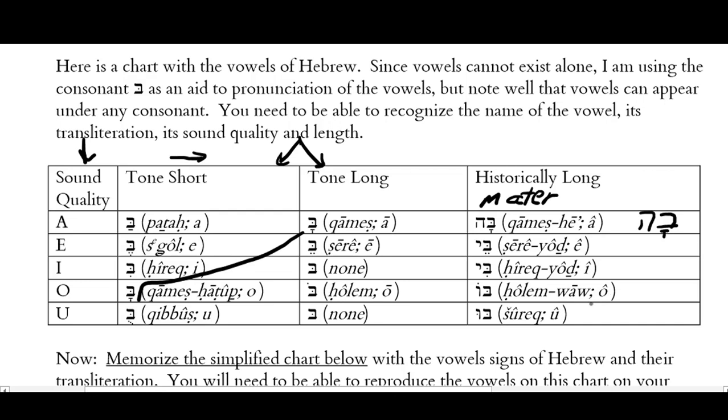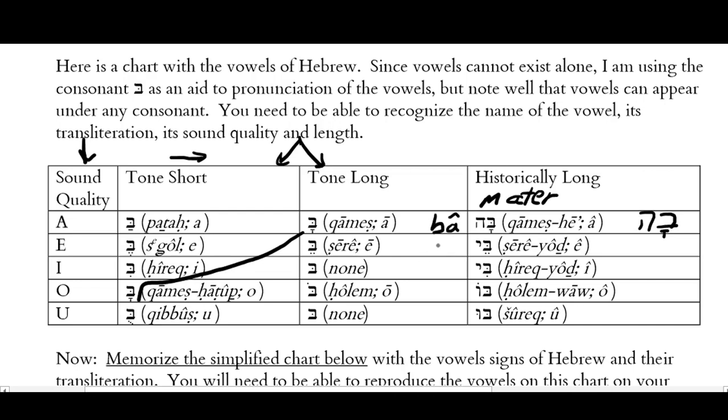They are matres lectionis. And so they're not really consonants at all. They're not functioning as consonants. They are functioning as vowels. So I have one consonant and one vowel in all of these combinations here.